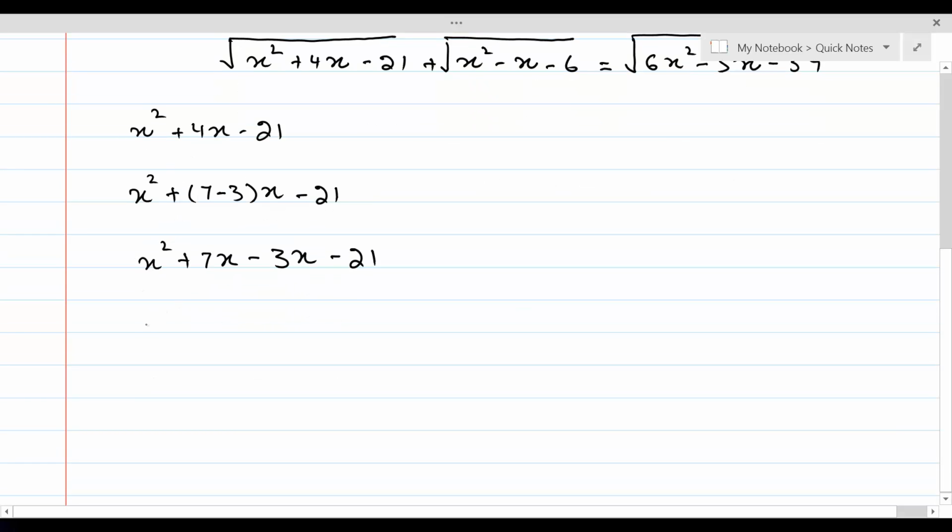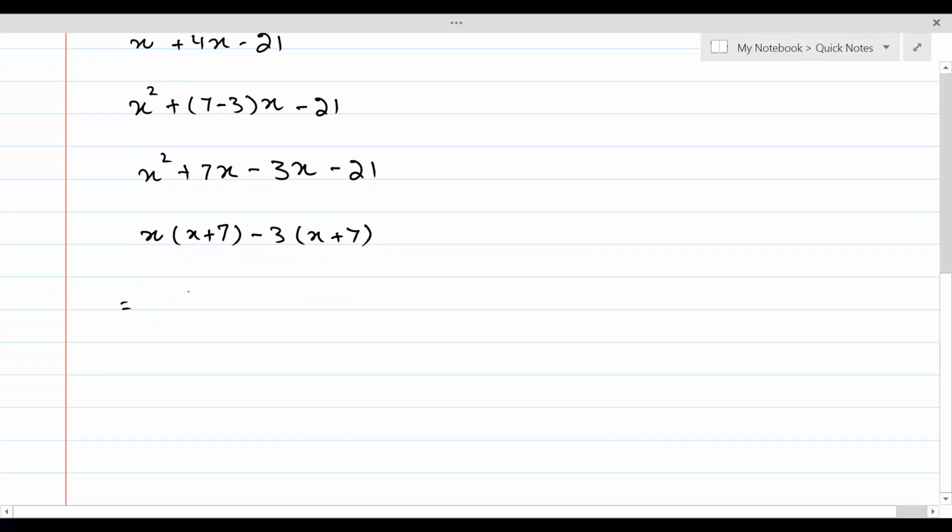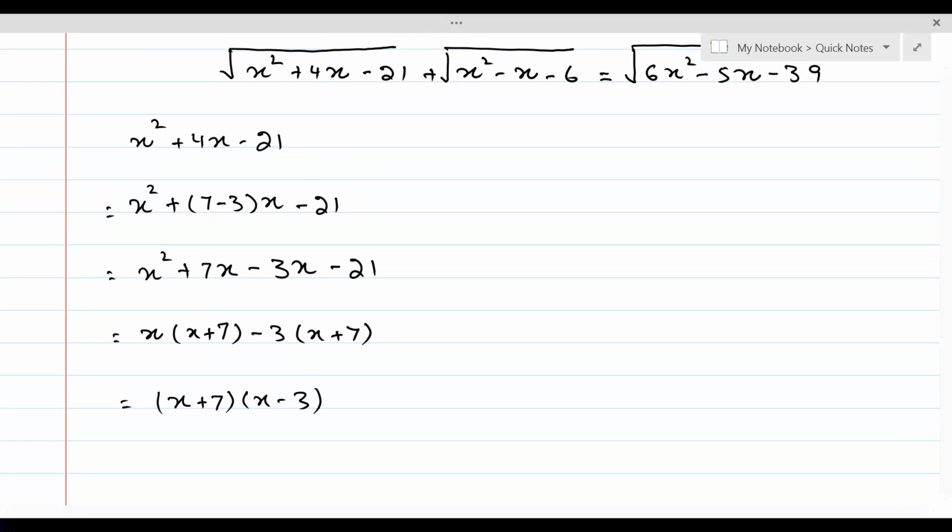If we take x common, this would be x plus 7, minus 3 common, x plus 7, and we'll have factors as x plus 7 into x minus 3. These are all the factors of the given expression.